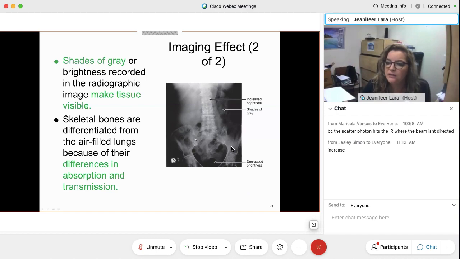So manipulating the quality, which is our factor number 4, can also create this image. Now, skeletal bones, we know, are supposed to be photoelectric absorption. They're supposed to be higher brightness, right? We know that air is going to be low brightness.